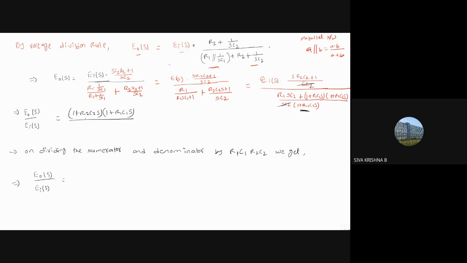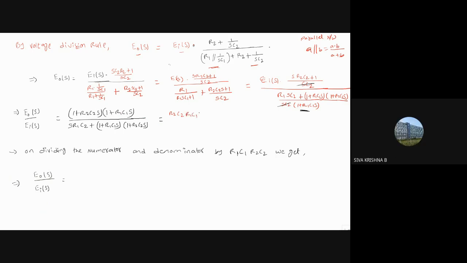Whole divided by S1C2 plus R1C1S into 1 plus R2C2S. Again, I need it in the form of S plus Z by S minus Z. So in the numerator, what do we have to take common? R2C2. And in this one? R1C2.